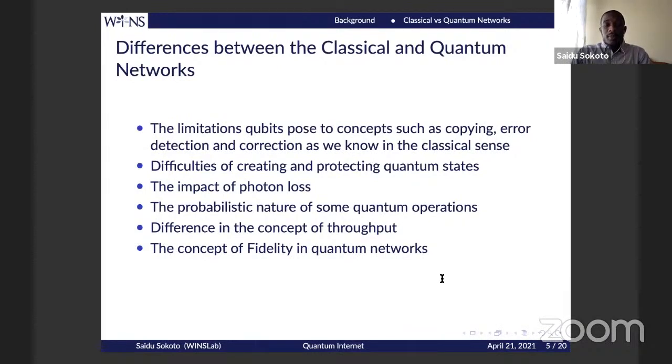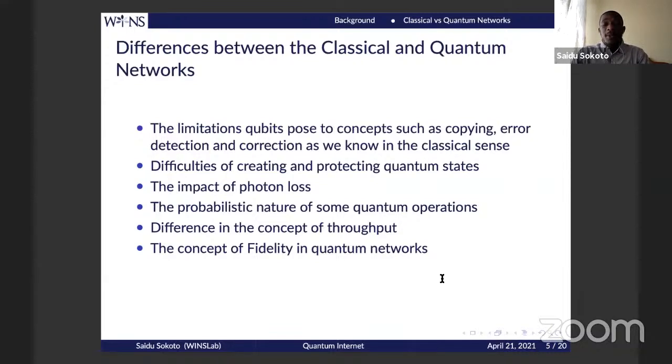Another property of quantum states is that they're usually affected by the environment they are in. So quantum states decay, and there are a lot of other things that affect quantum bits. We also have the impact of photon loss. If a photon is lost, we assume at the end of the day that the whole qubit is lost.